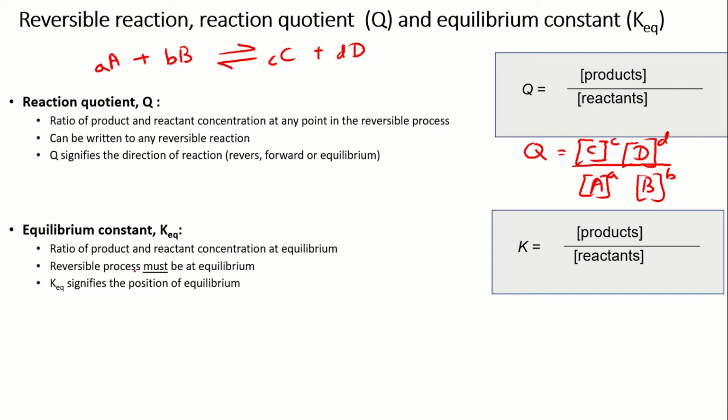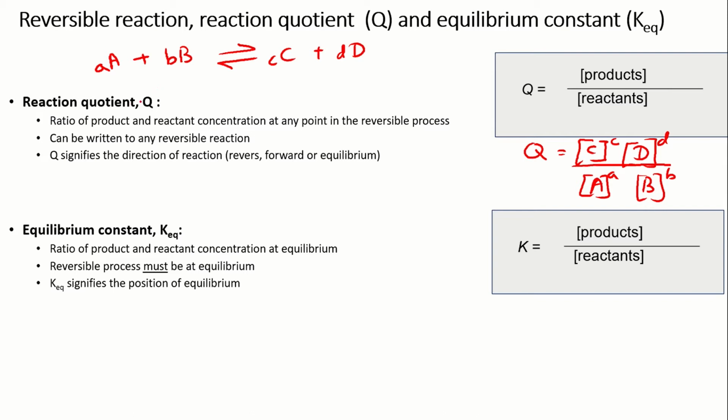The process must be at equilibrium if we are to write the equilibrium constant expression. So by now you know what the equilibrium state means: the forward and reverse process rates must be equal. The point where the forward and reverse reaction rates are equal is the point where there is equilibrium. It's only for the equilibrium point that you can write KEQ.